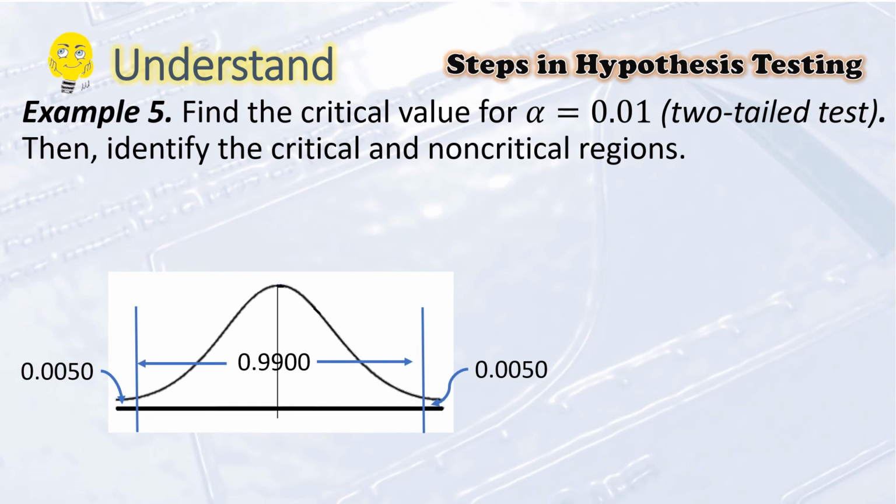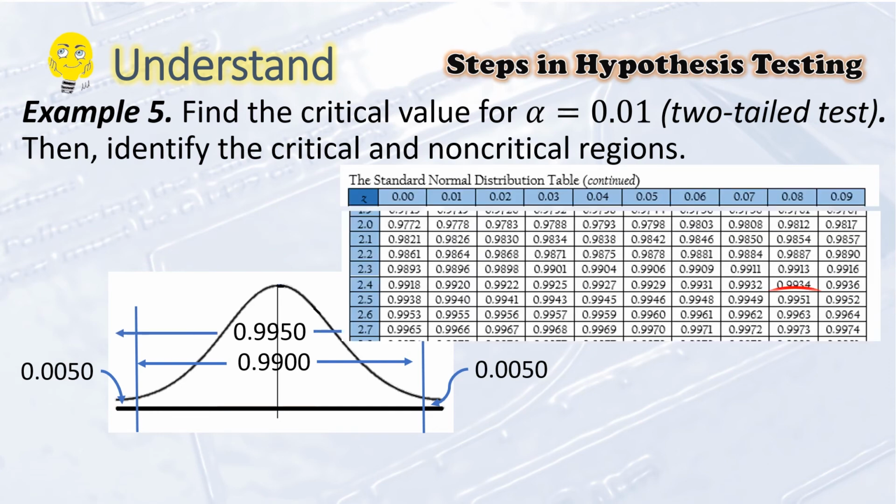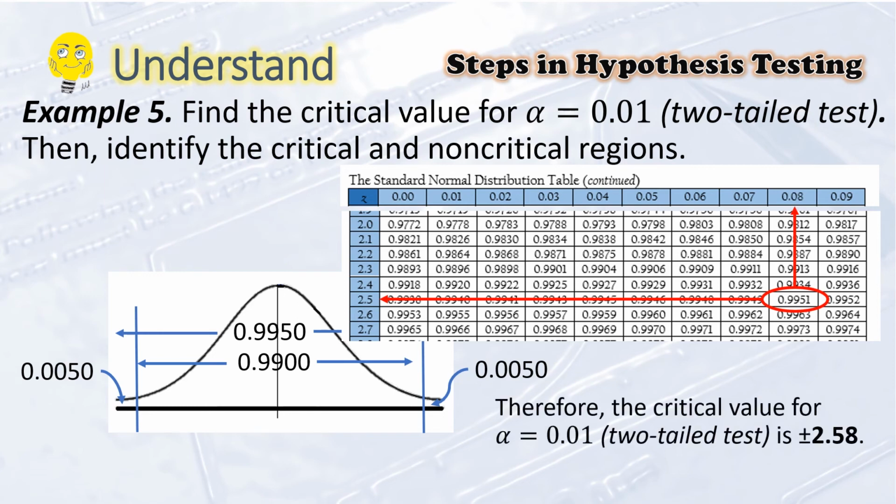Looking for the critical value using the standard normal distribution, we have the closest value as 0.9951, and that will be 2.5 on the first column, 0.08 on the first row. Therefore, the critical values will be positive, negative 2.58.